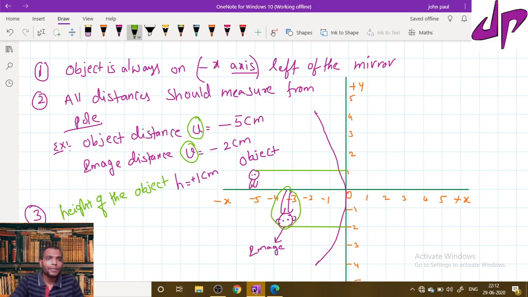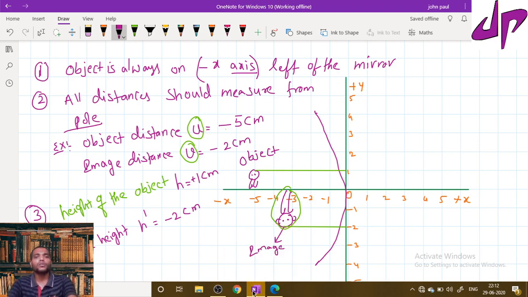So the image height, which we represent as h dash, equals, measured exactly here, minus 2 centimeters. Can you notice the plus and the minus here? It is because of the sign convention.